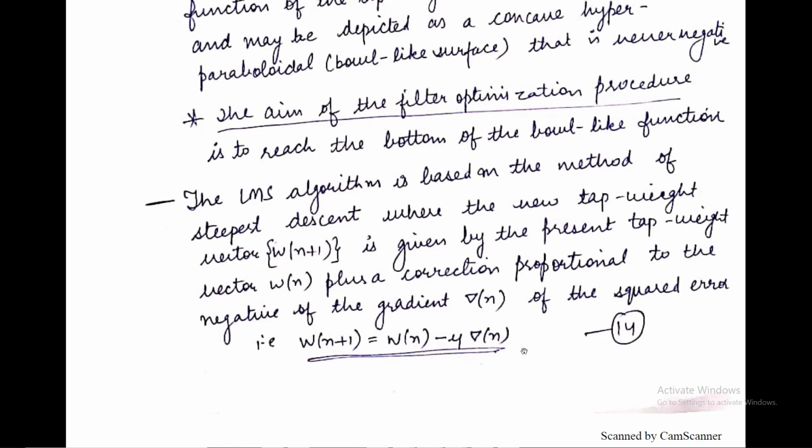So in terms of equation, W n plus 1 is nothing but the next weight, because we have to make the tap weights adaptive to achieve that optimality condition, or we can say minimum mean square error. So what will be the next weight? If we want to change that weight, that will be W n plus 1. It will be W n minus mu into delta n, and delta n here is the gradient.